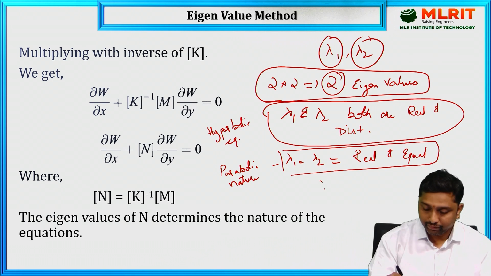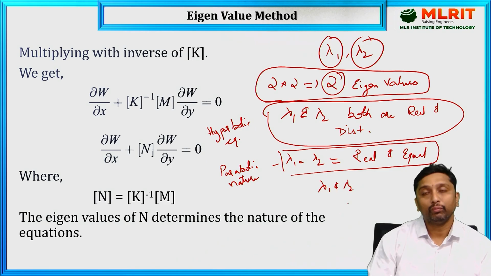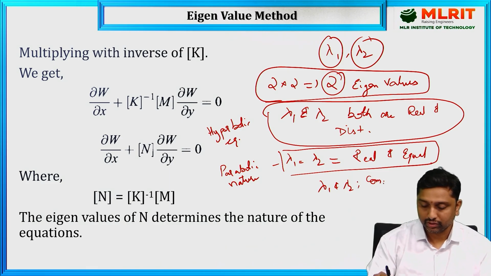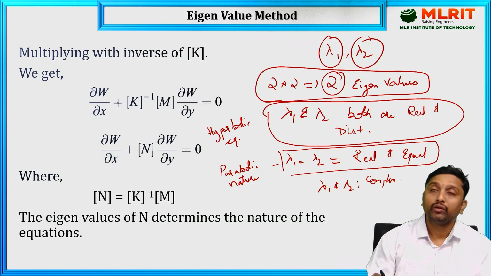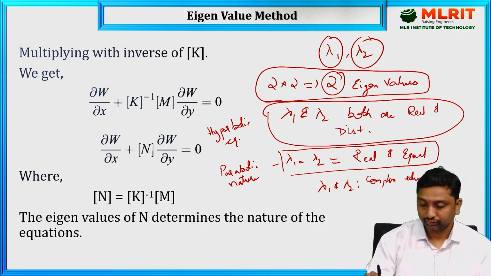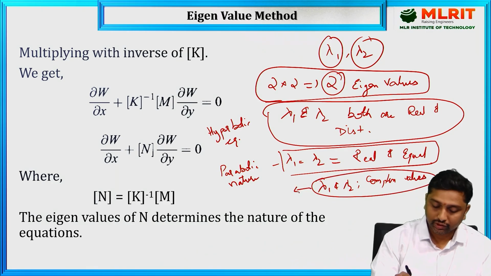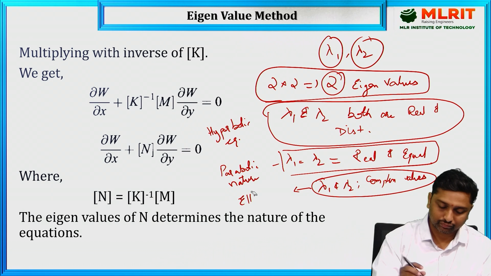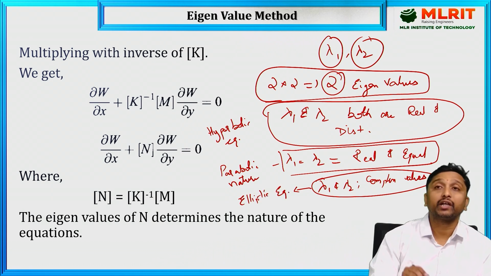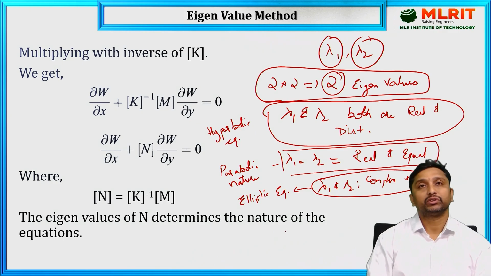Now if lambda 1 and lambda 2 are not equal, but rather complex values, then we can categorize them as elliptic equations.